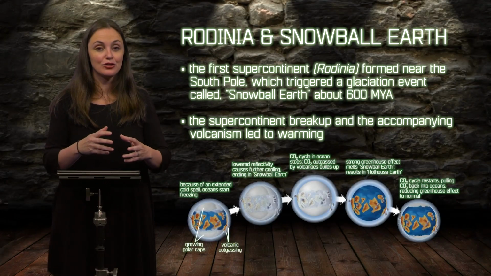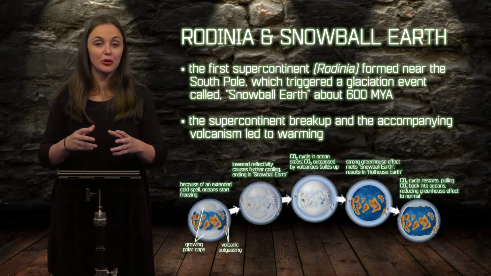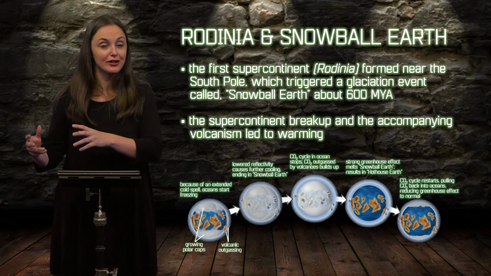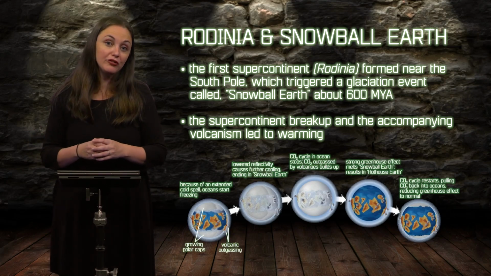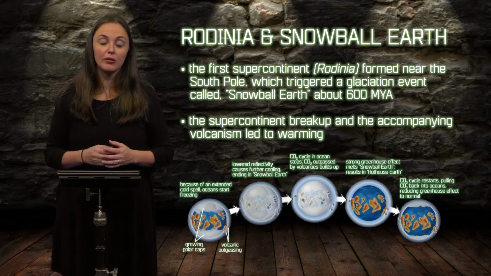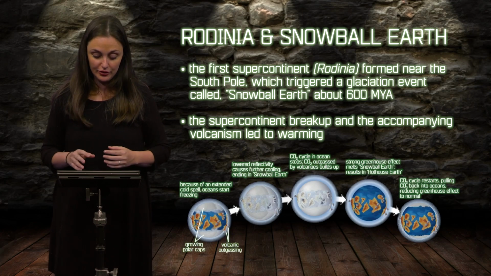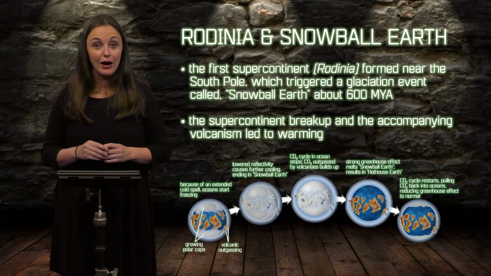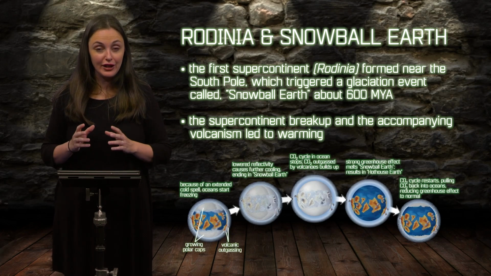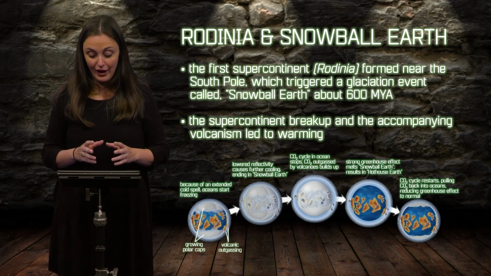And that CO2 warms the atmosphere. So the process of getting out of snowball Earth and getting back into the normal Cambrian period that's going to follow happened probably fairly rapidly, over maybe hundreds of thousands to only a couple million years.